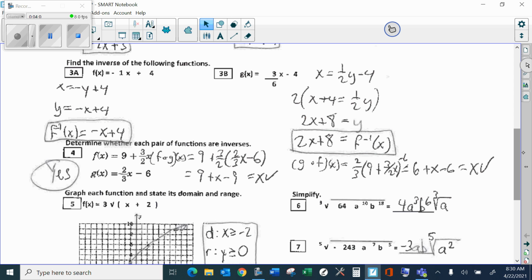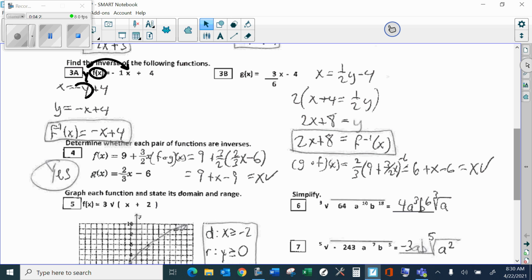Okay, find the inverse of the following. Inverse, remember f of x is basically like a y. So for find the inverse, we switch the x and the y. So that x goes over there and that y comes into that spot. And that's why you see x equals negative y plus 4. And now we solve for y.